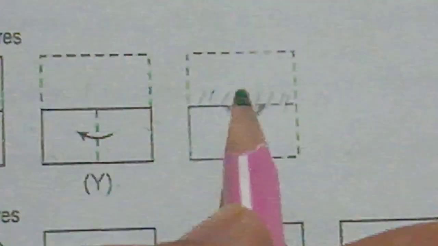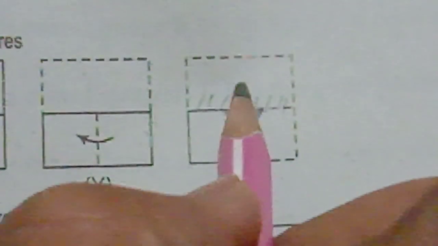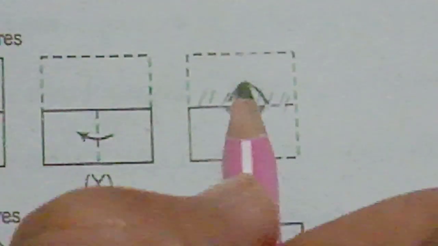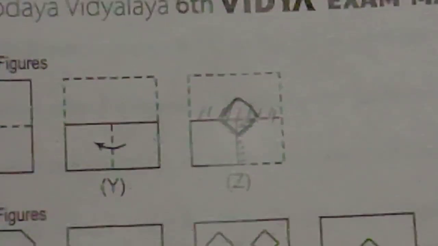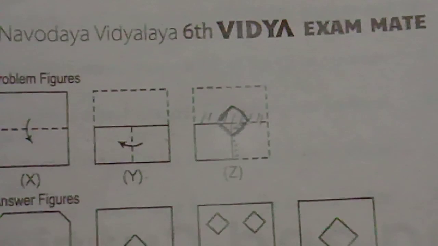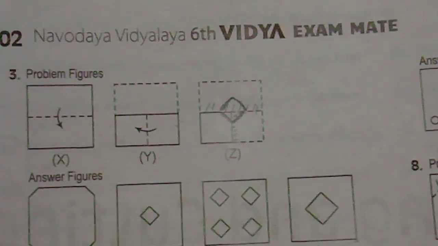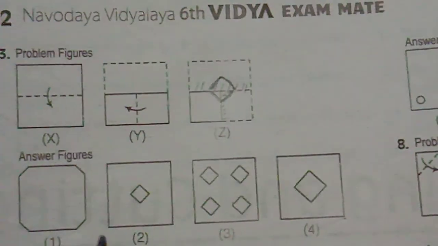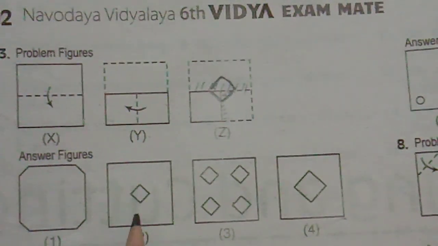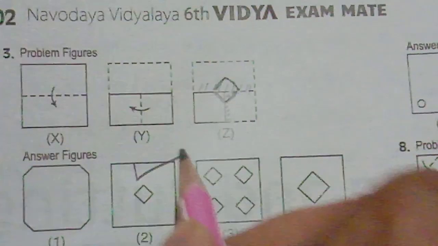If this here is a mirror image, the same will come here and here. Now this will be the answer. You can find this type of shape in the question figure. In the answer figures you can find this shape. So in the second option, this will be the right answer.